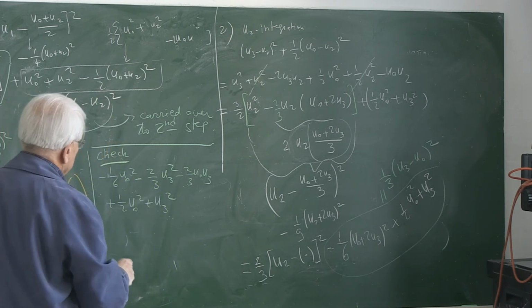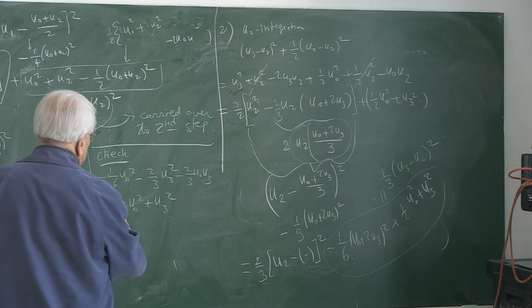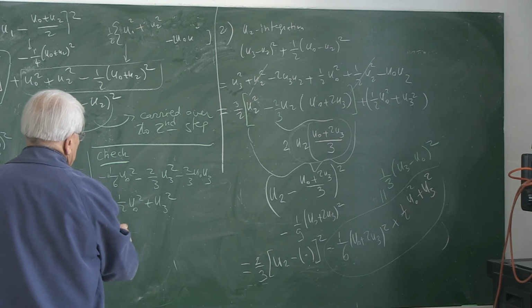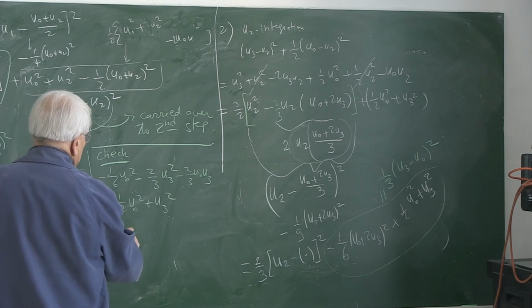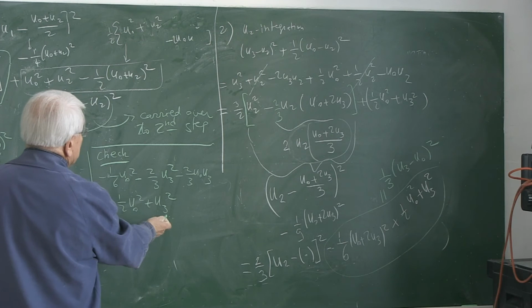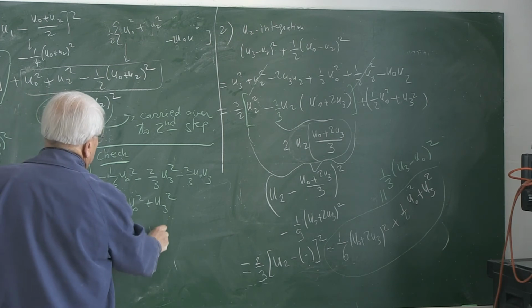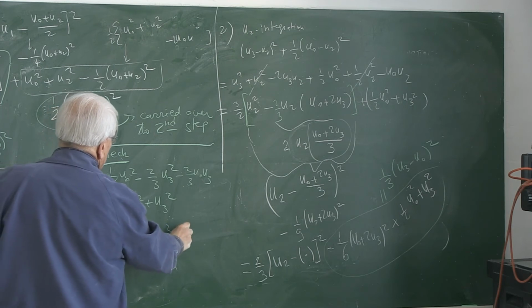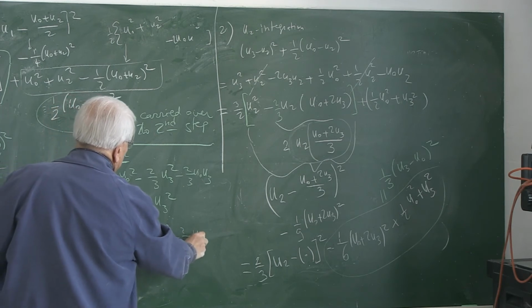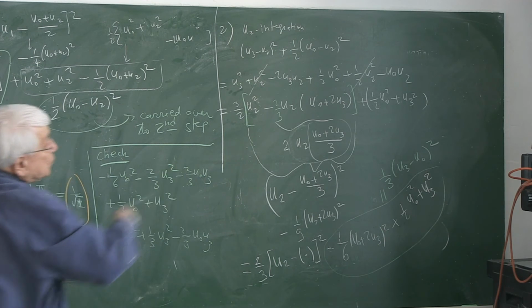Correct? Correct. If I multiply this by 3, 3 minus 1 is 2, 2 divided by 6 is 1/3 u0 squared. And this is 1/3. Isn't that beautiful? 1/3 u3 squared. And minus 2/3 u0 u3. And that's the proof.